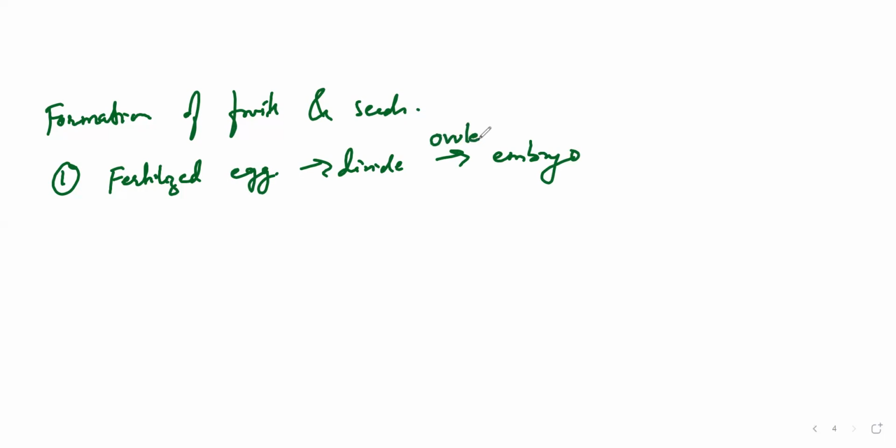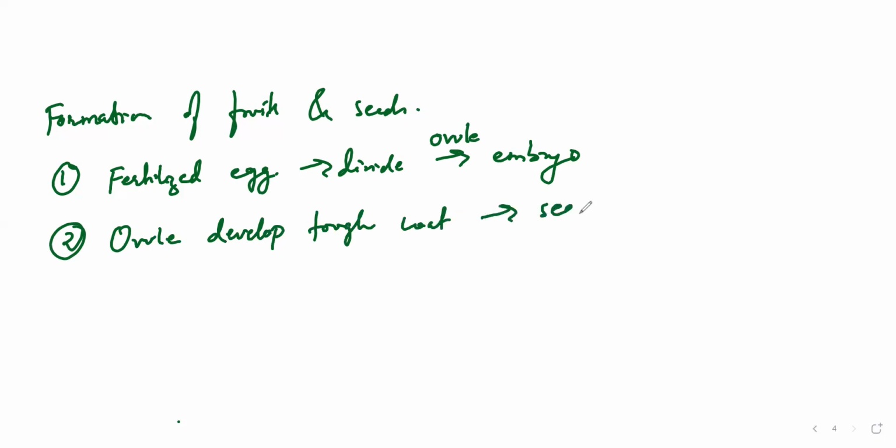Once the embryo has been dividing within the ovule, the ovule will develop a tough coat and get converted into a seed.